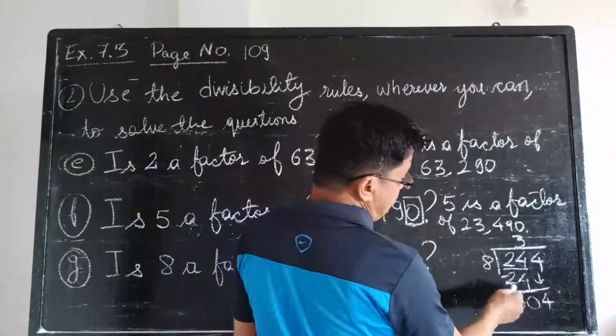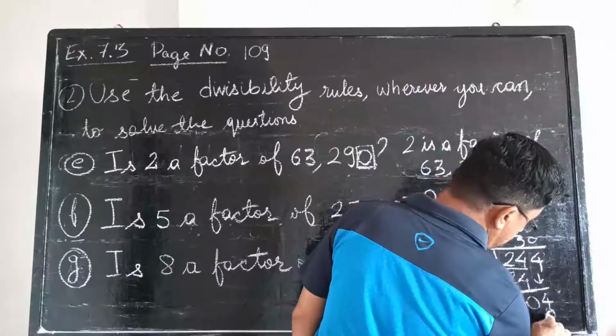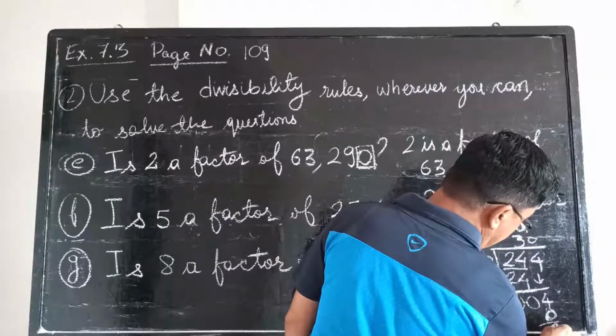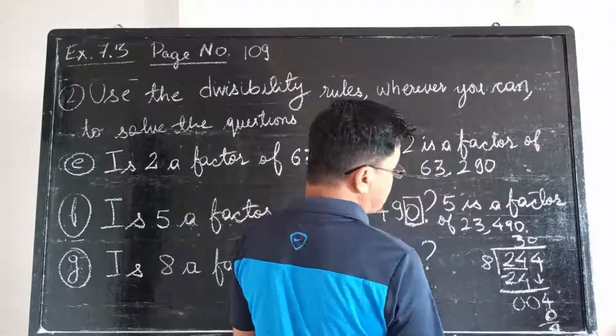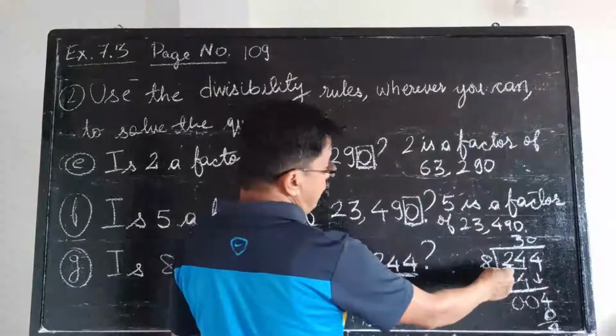Now bring down this 4. So 8 will not go in 4. 8 zeros are zeros. So remainder is 4. 4 minus 0 is 4. Remainder is 4. So 8 cannot divide 244 exactly.